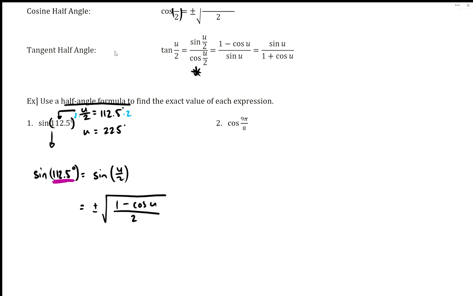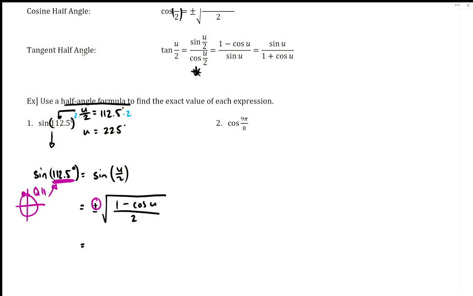So 112.5, that's the degree that tells us the quadrant we're in. Well, 112.5 is somewhere over there. Okay, so it's not a quoted angle on the unit circle, but it's still on the unit circle. It's definitely in quadrant 2. And sine is positive in quadrant 2. So we should choose the positive on this.